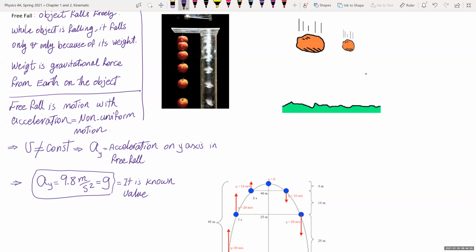Does that make sense? So when an object falls, we can measure acceleration. How much is it? It's 9.8. We call it g, or we call it ay. Doesn't matter.